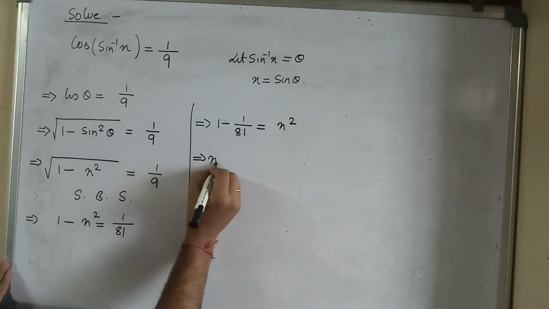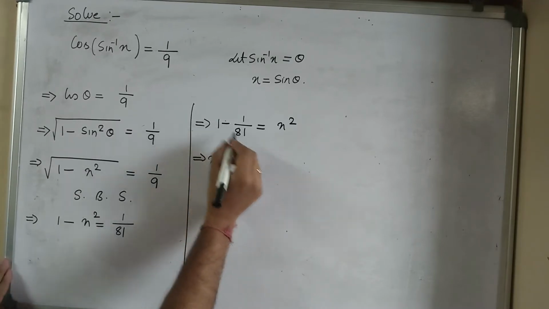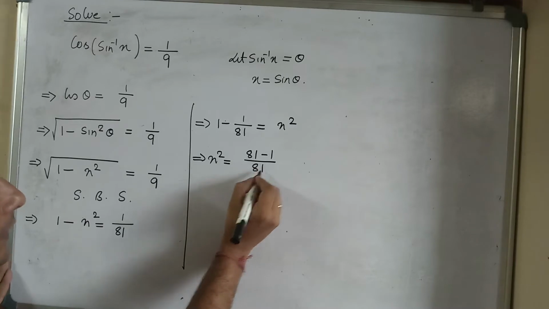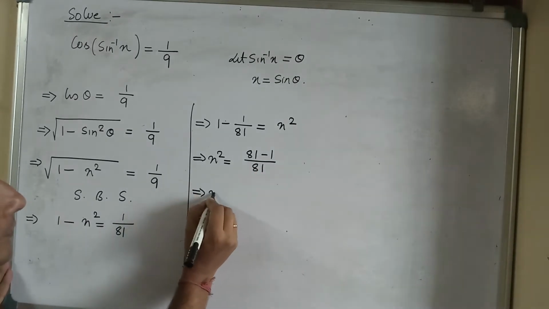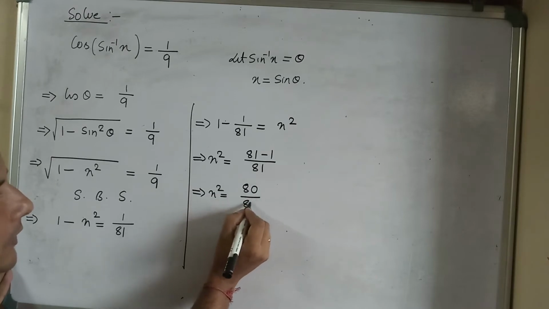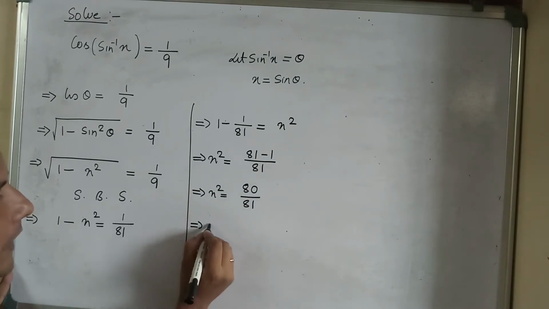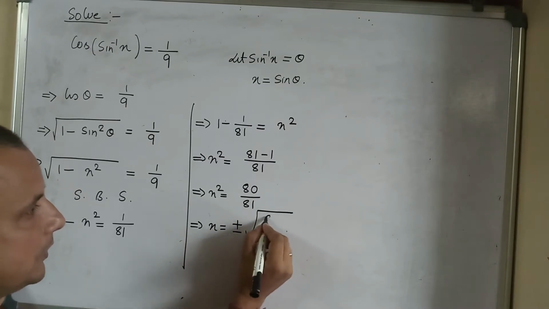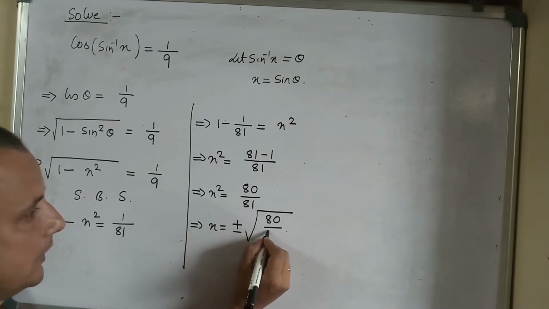Taking 81 as LCM, x square equals 81 minus 1 over 81, so x square equals 80 over 81.